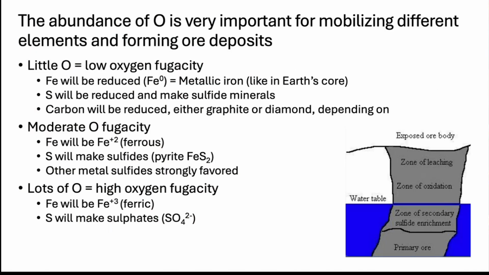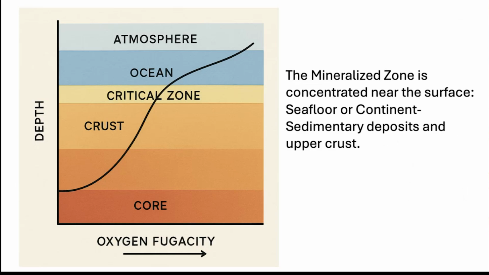In the case of ore, it's the transition from high oxygen fugacity at the surface to low oxygen fugacity at depth. And then as you keep going deeper, the fugacity decreases and decreases. So the good news for us is the mineralized zone for so many elements is concentrated near the surface because of this interaction between sulfides and oxygen. And we're going to talk a lot about that.